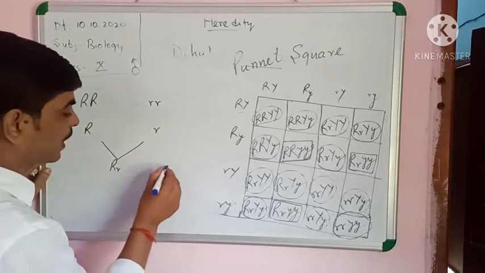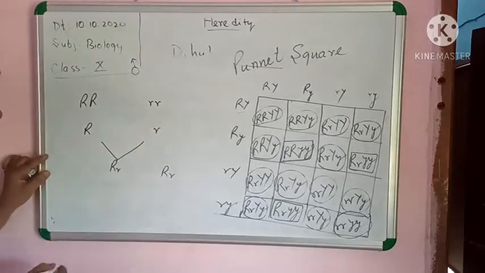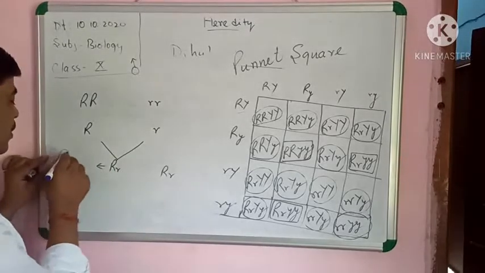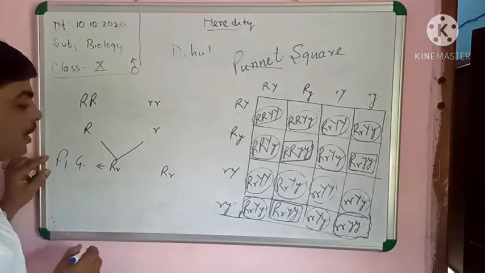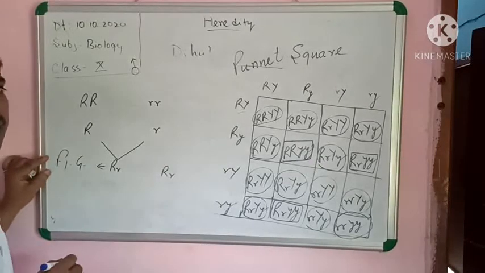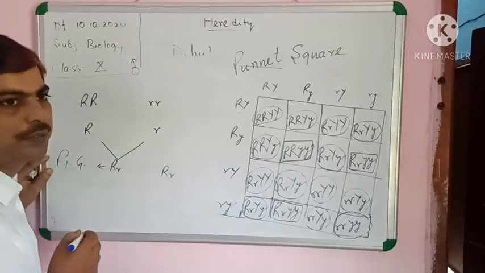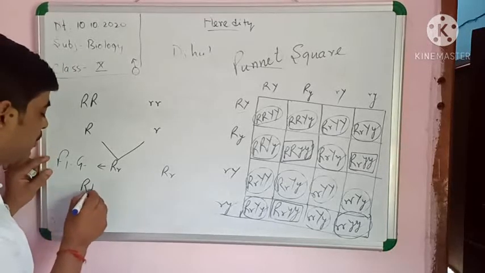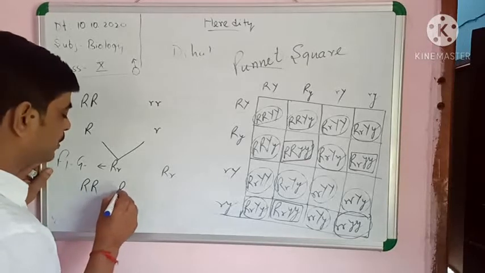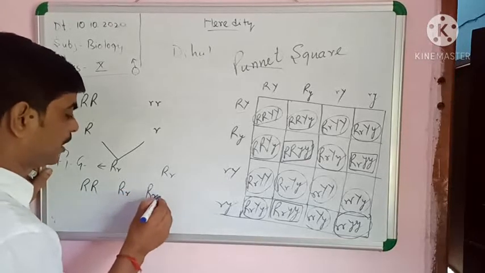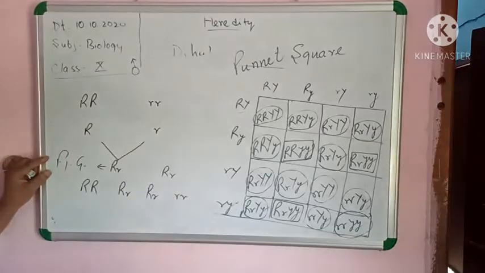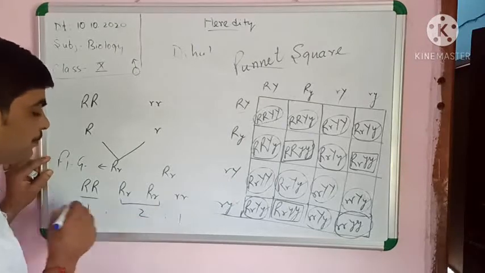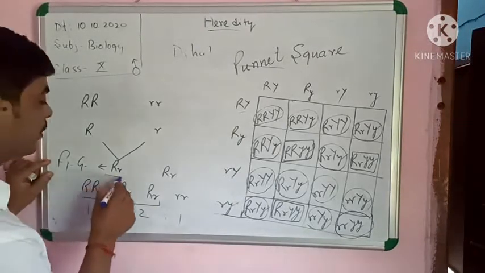When this same is interbred together, this is the cross breeding. This is the result of cross breeding, F1 generation. And when the result of F1 generation interbreed, self-breed, then the result, as you see, this can be RR, this can be Rr, and rr. Okay? This is 1:2:1.